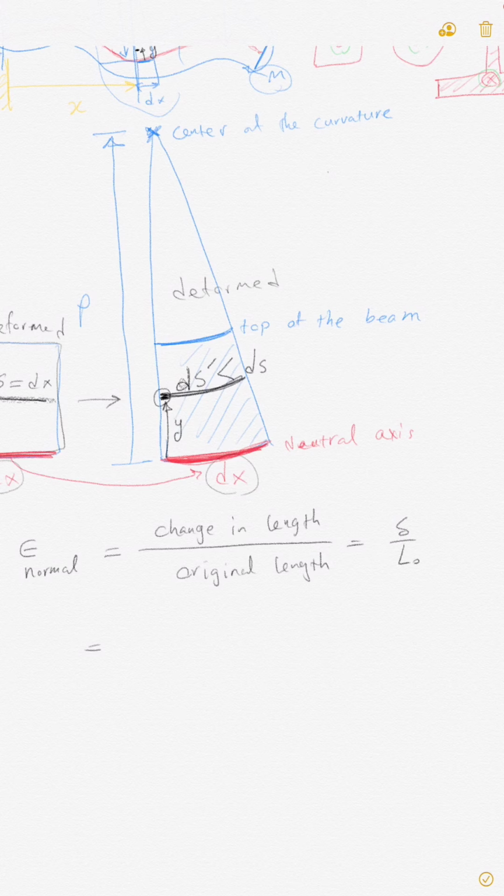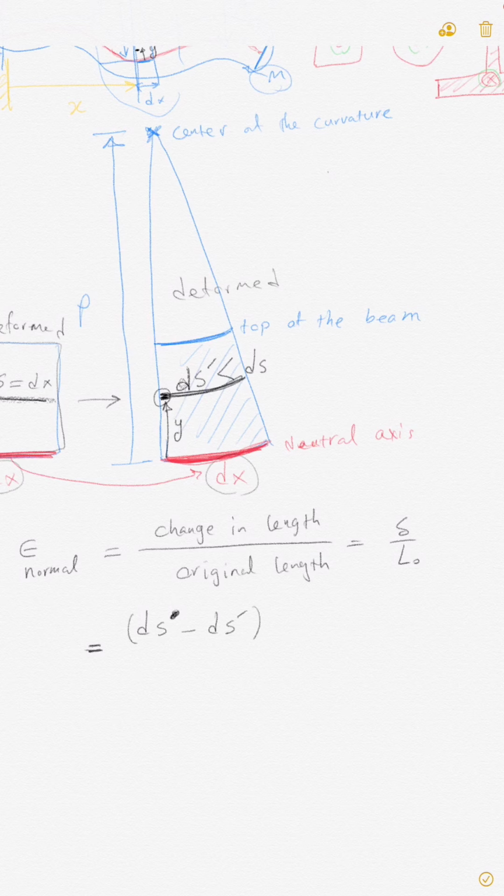Now in this case, what is the change in the length? Well, the change in the length is equal to ds prime, or if you take a positive, write it like this, ds minus ds prime.